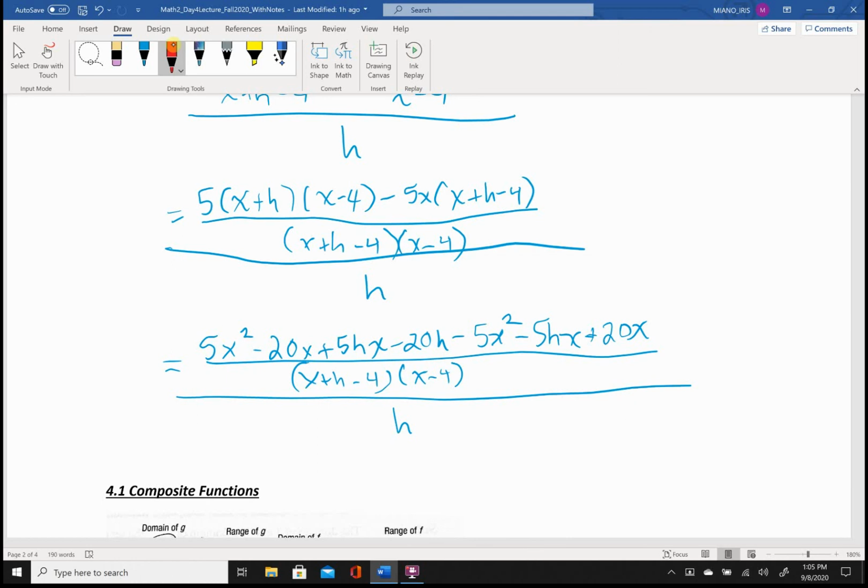Alright, go ahead and find all your instances of opposite terms and cancel them out. Here we go. The 5x squared cancels out with the subtracted off 5x squared. Same is true for this subtracted off 20x and 20x there. And then we have 5hx as well. And so notice that I have different slashes for different groups of things that cancel.